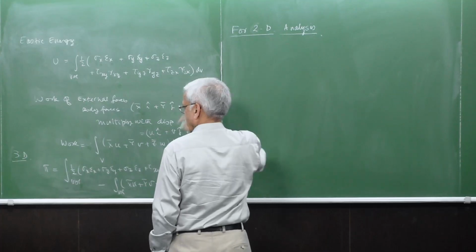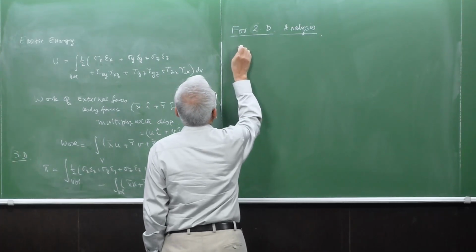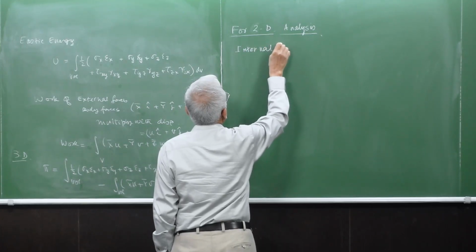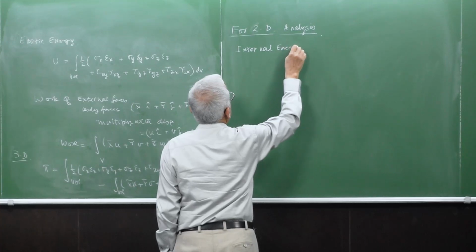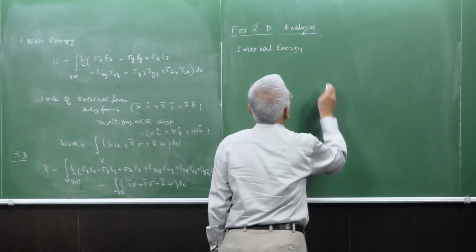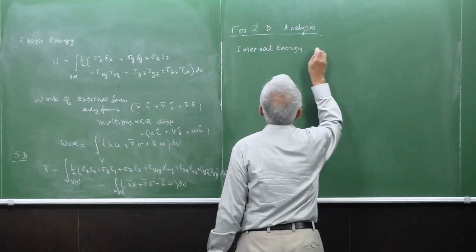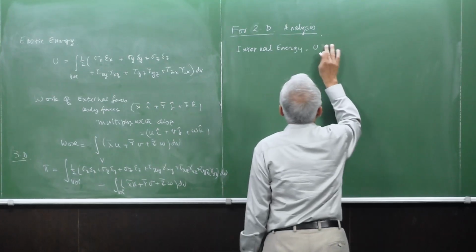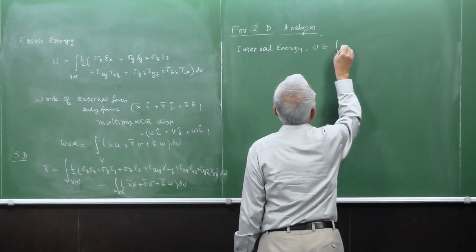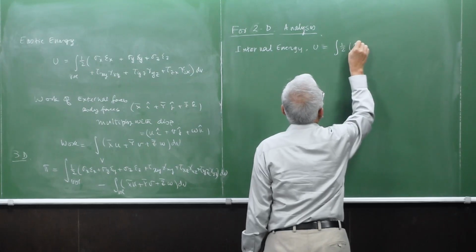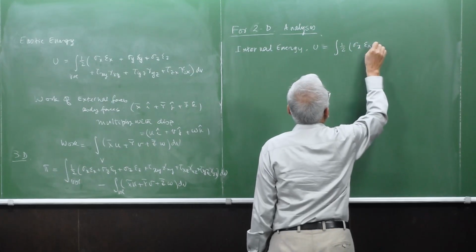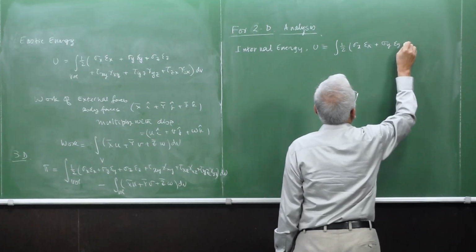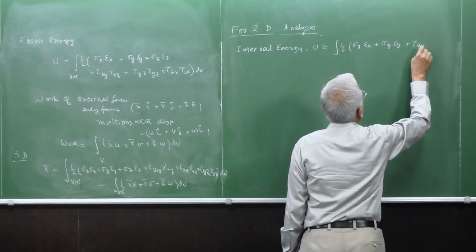Let's look at the internal energy to start with. This is the strain energy, which is this part here, of sigma x epsilon x and sigma y epsilon y and tau xy.